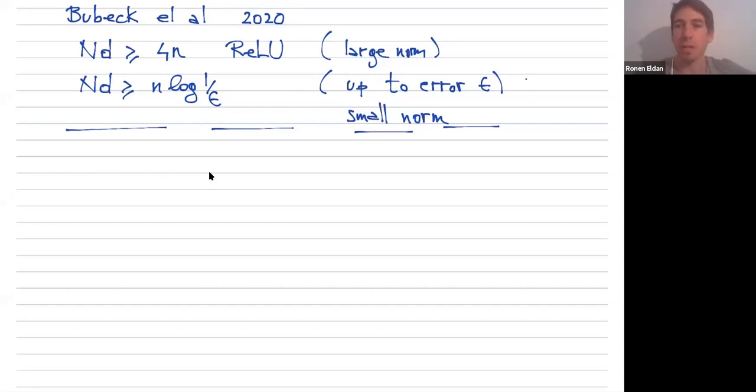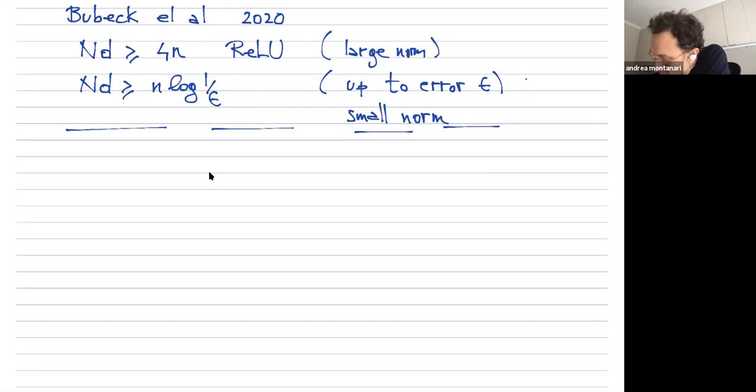So you could think about it as just an L1 norm of the network. And what we show is that basically we give a construction where the norm achieved is the optimal one. But the implications on generalization of that norm for this specific regime are unclear.